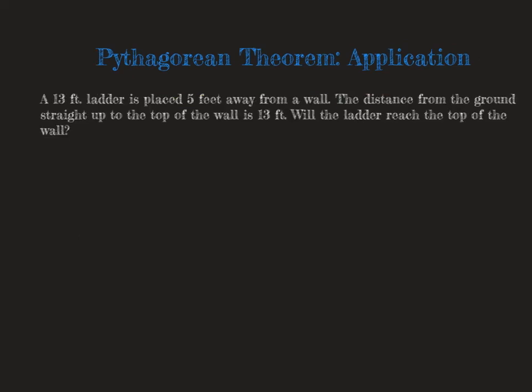For this problem, it says a 13 feet ladder is placed 5 feet away from the wall. So let's draw that part. So we have a ladder right here. This is going to be 13 feet. And we know that it's going to be placed 5 feet away from the wall.